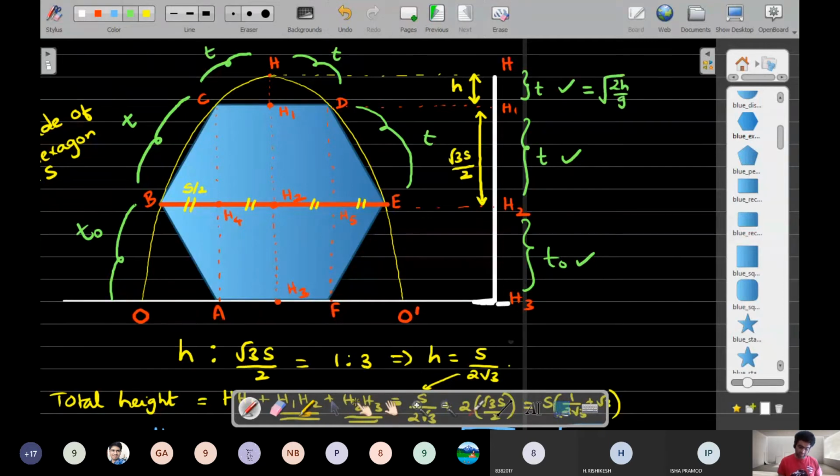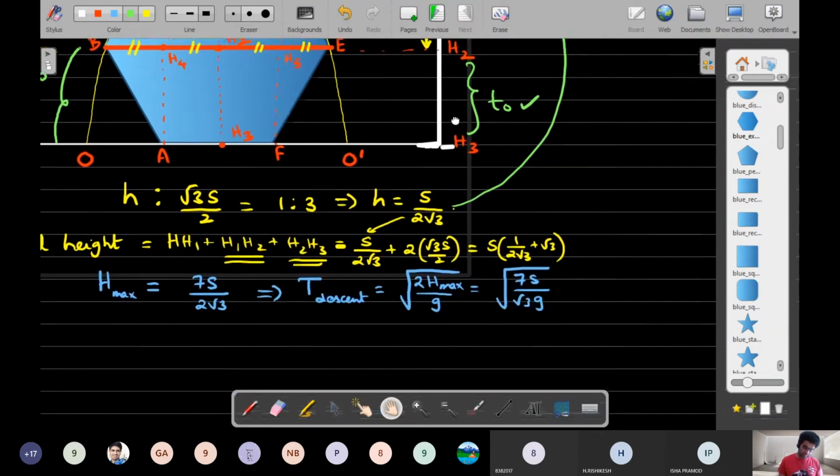Okay, right. And how much is the value of h here? I'll just borrow it here, and that would be equal to root of s divided by root 3g. So you found the value of small t, you found the entire value of t plus t naught. So I'll use those two numbers here.